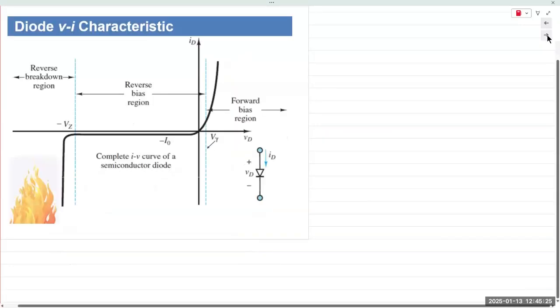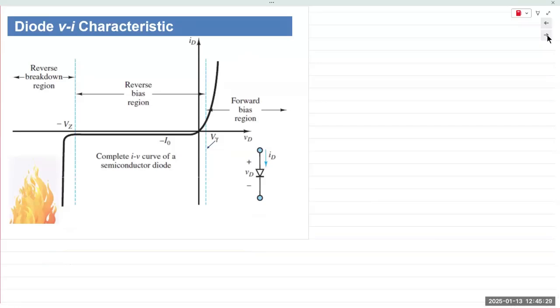Okay, so that's a diode analogy. Now, if we plot the current for a diode as a function of its voltage, we get what is known as the VI characteristic, where voltage V is on the x-axis and current I is on the y-axis.